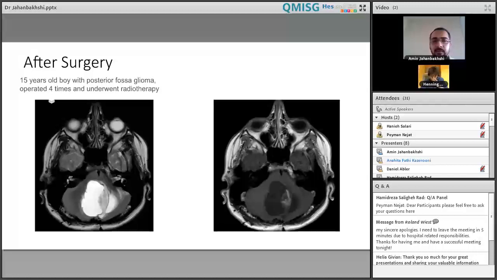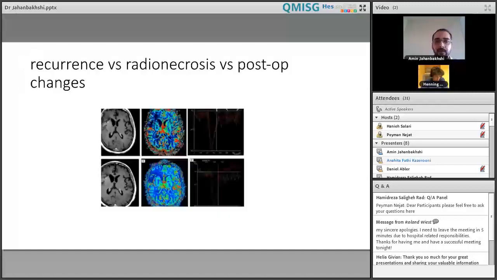And after 3 months, the area around the tumor was enlarged, and the patient had clearly deteriorated. So now it was clear that it is tumor recurrence, so I operated on him today. But I think we lost time for 3 months.